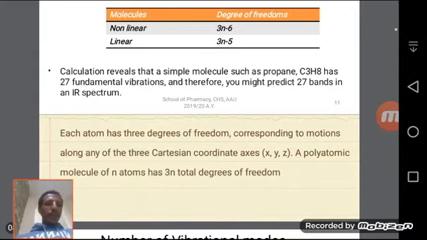As a result, 11 atoms times 3 is 33, minus 6 is 27 fundamental vibrations.